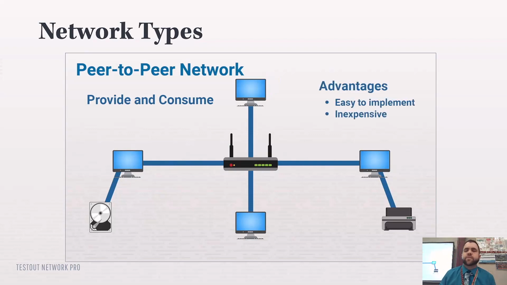So in this case of a peer-to-peer network, you see one computer has storage, the other one has a printer, and they share it. Some of the advantages, especially in small to medium businesses, you don't have the cost outlay for a server. You don't have to have a certain level of expertise to set up a server, to download those licenses. It can be cost prohibitive, right?